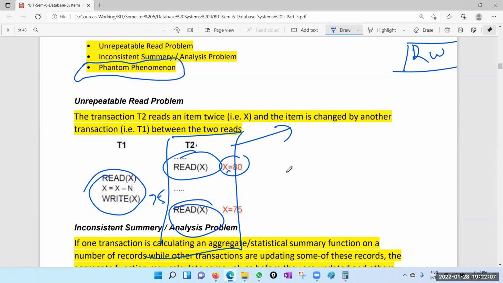Maybe it was doing some other tasks in the same transaction. Now again, it is reading the same record, maybe for a different report. In between those two, transaction 1 has changed the value of X. For the first report, X was 80. For the second report, the value of X is taken as 75.